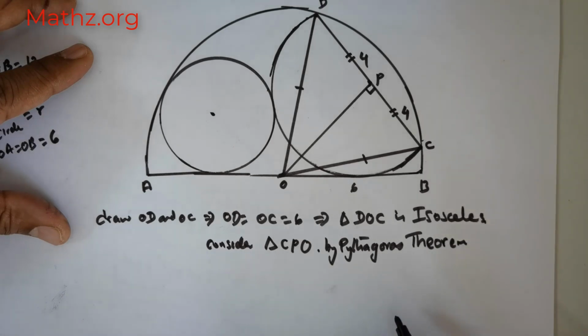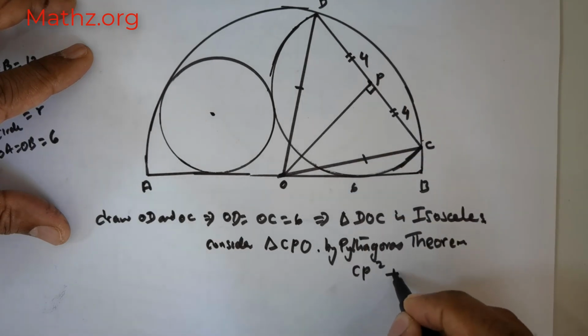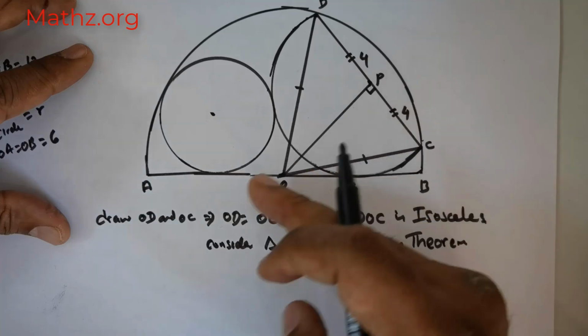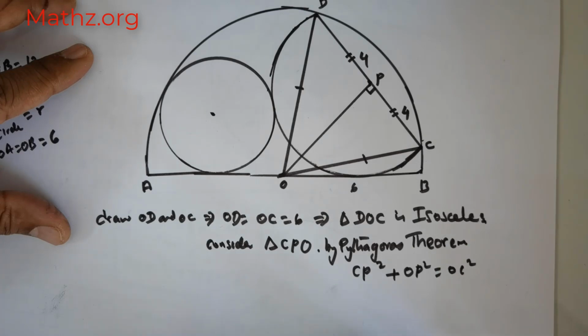So what do we have by this theorem? CP squared plus OP squared is equal to OC squared. Okay, this is the hypotenuse.